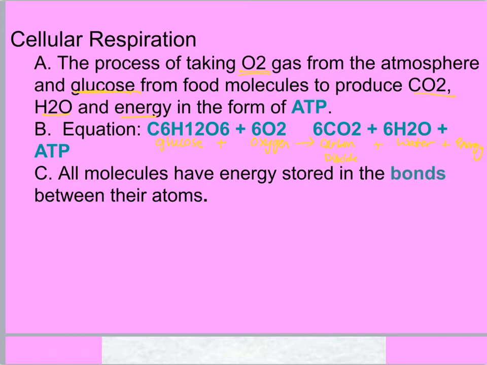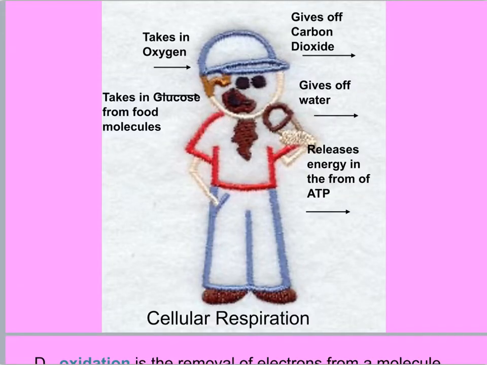So, all molecules have energy stored in the bonds between their atoms. So, like the glucose, the C6H12O6, that's a lot of atoms there. So, that's a lot of bonds, meaning a lot of energy is stored there. Okay, so this is a summarization of cellular respiration. Okay, so you've got a little human here. He is breathing, he's respirating, taking in oxygen and giving off carbon dioxide.